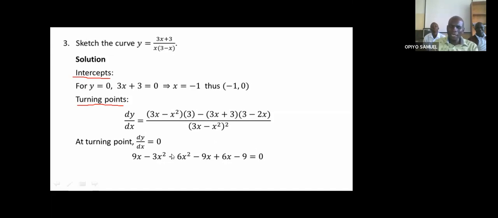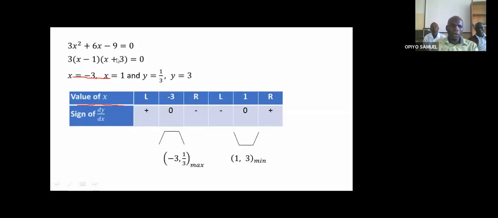After simplifying this, we have 3x squared plus 6x minus 9 equal to 0. This is a quadratic equation. There are many methods for solving quadratic equations. But from here, you can see this equation can be factorized. And when you factorize it, you get 3 times x minus 1 times x plus 3.